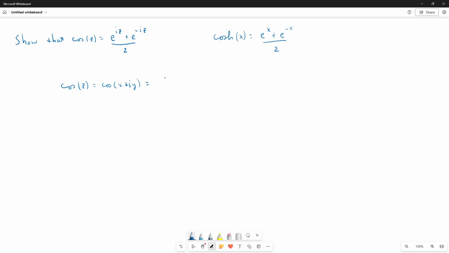And then this is cosine of x times hyperbolic cosine of y minus i times the sine of x times the hyperbolic sine of y.